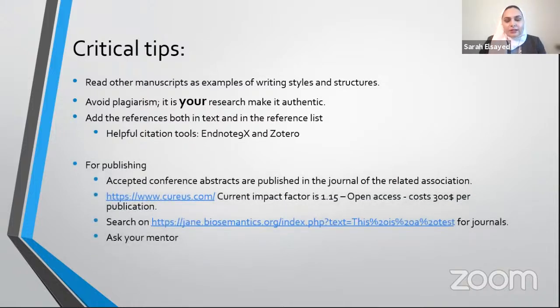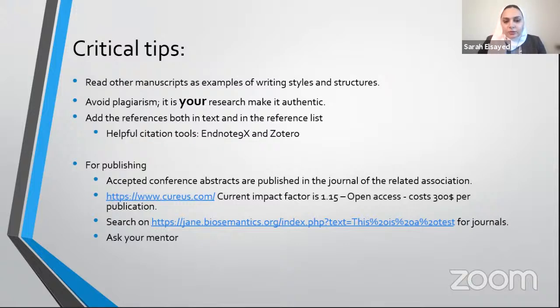And for publishing, there was a question raised last time about publishing platforms. So I thought maybe we can hint at this in the presentation, and another time in the future we can discuss it in detail. Usually accepted abstracts for conferences are published in the journals related to the association, like the American Geriatric Society or the AMDA; if they accept our abstracts, they will be published in their journals.